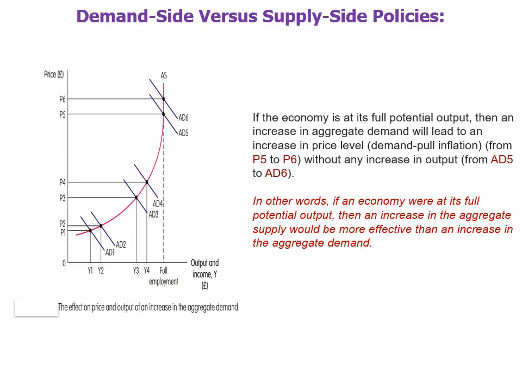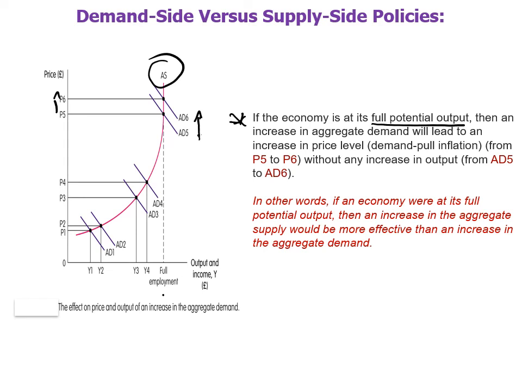Fascinating. Pretty fascinating, right? So this means that if the economy is at its full potential output, at this aggregate supply curve here that's vertical, then an increase in aggregate demand from AD5 to AD6 will lead to an increase in the price level, a demand pull inflation from P5 to P6 without any increase in output.